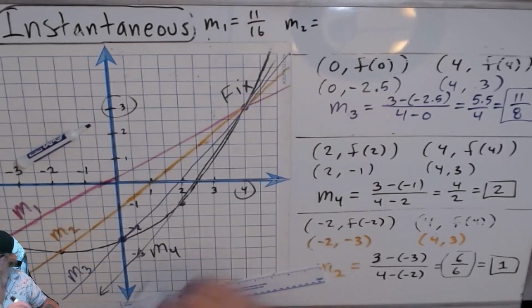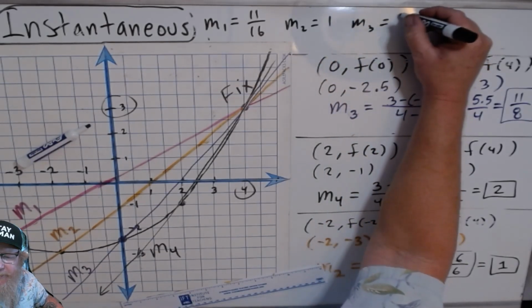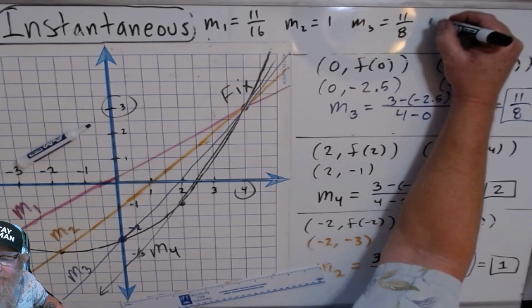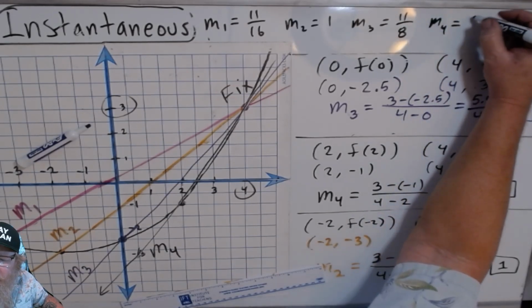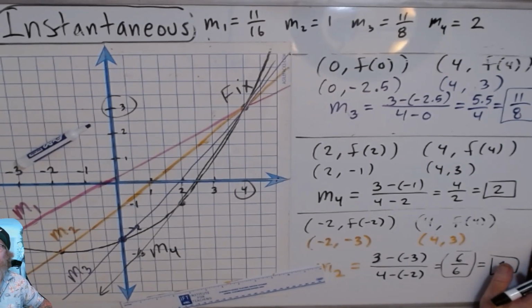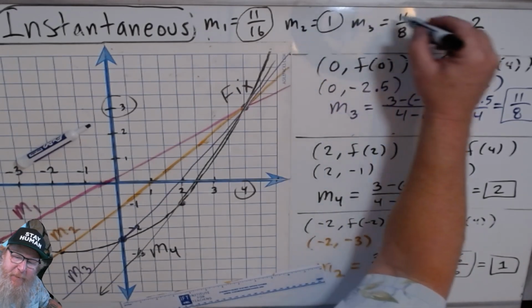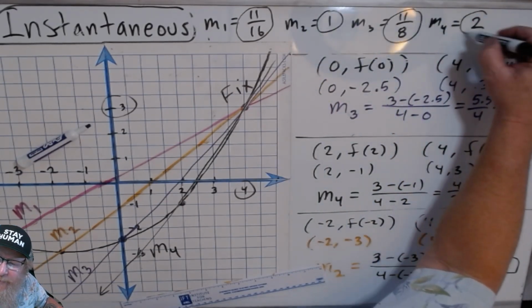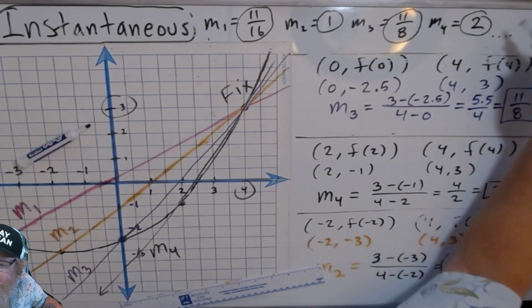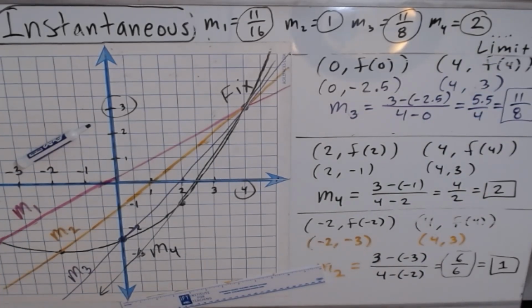Our M2 was 1. Our M3 was 11/8. Our M4 was 2. So we're looking for a pattern as to what's happening next when we take the limit. That's what we're kind of going for here.